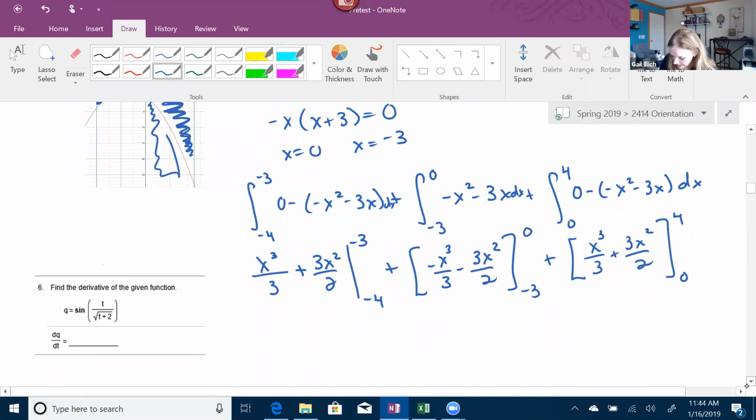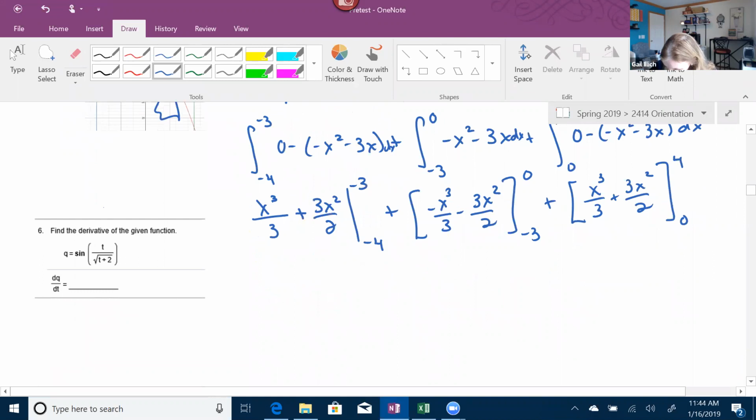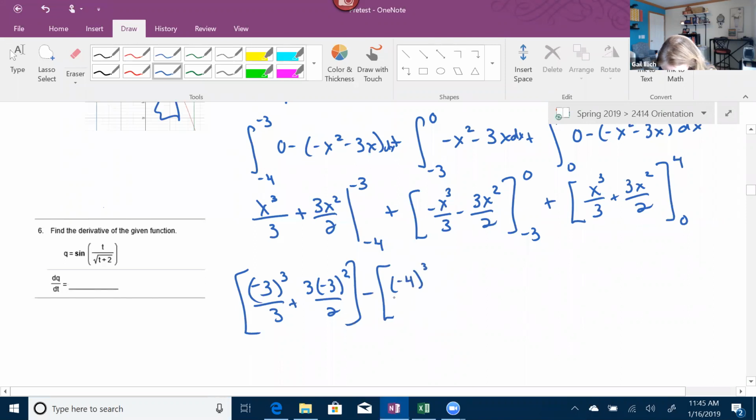And so then you have to plug this in for each one of these. You have to do f of b minus f of a. So you're going to plug -3 in and then -4 in and subtract them. So this will be -3 cubed over 3 plus 3 times -3 squared over 2, minus -4 cubed over 3 plus 3 times -4 squared over 2. And then plus, fortunately, we'll plug the 0 in and it'll just be 0.